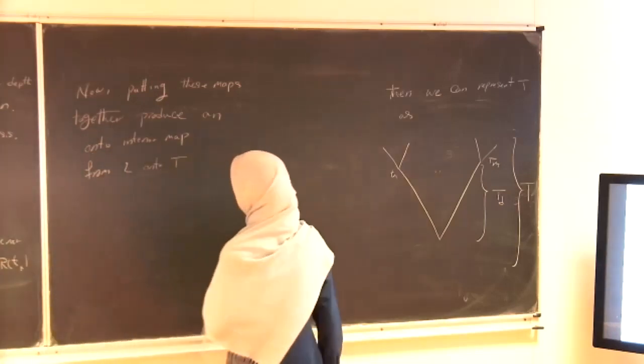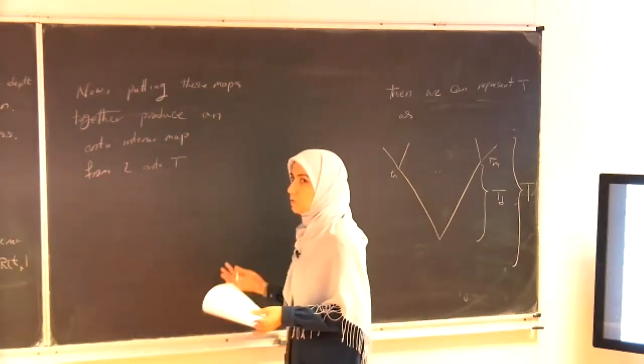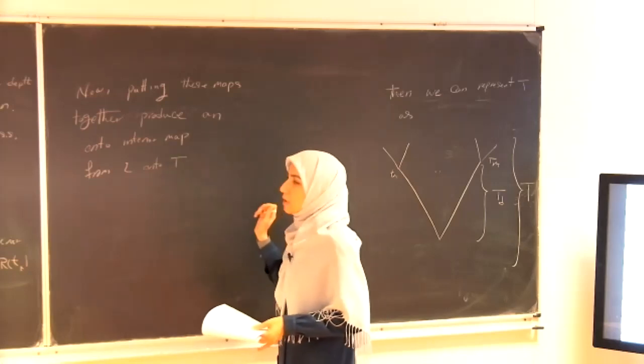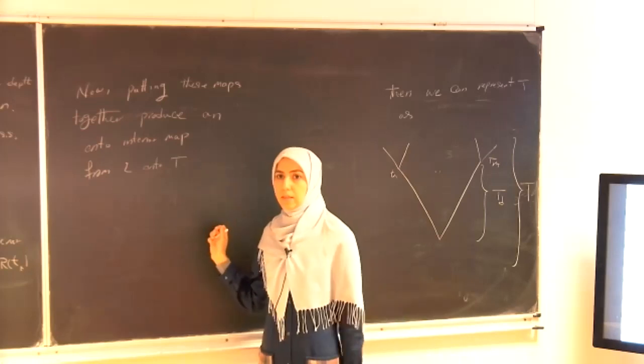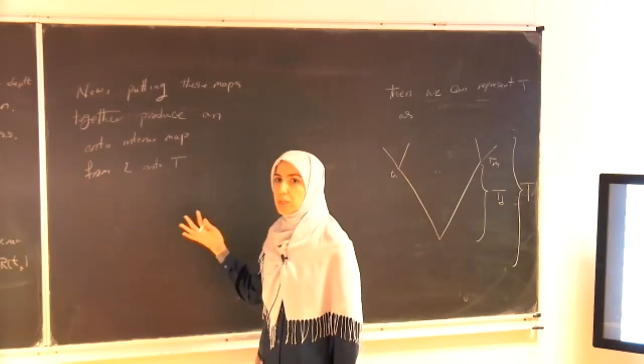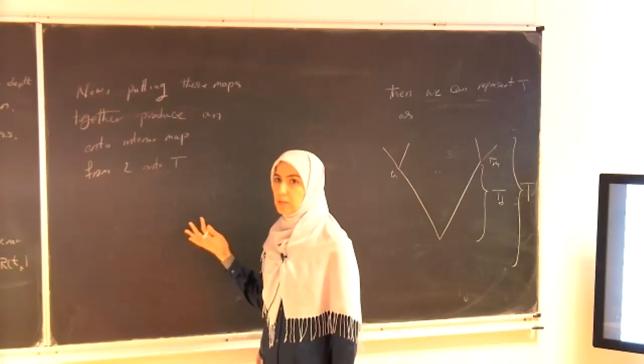We don't have enough time to say how we define these functions and how we put them together. You can see the details in the reference, but as I said, I just want to mention the idea of the proof and the sketch of the proof.